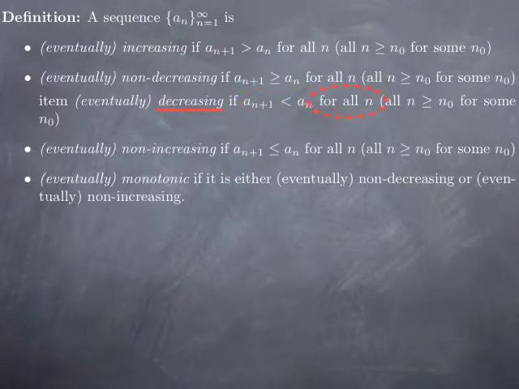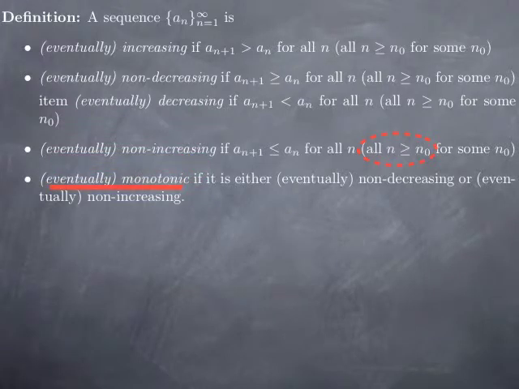And if we have this inequality only for all n greater or equal to a certain value, we're going to call that eventually decreasing. And we have the corresponding weaker property of non-increasing if a_{n+1} is not greater than a_n for all n, and eventually non-increasing if we have it only for n large enough.